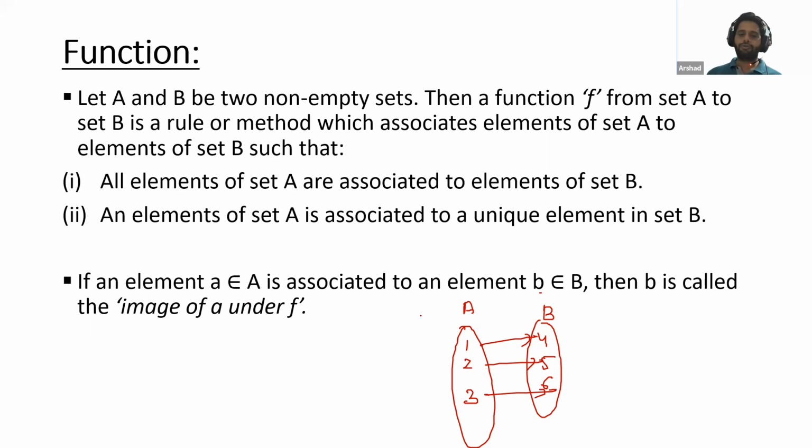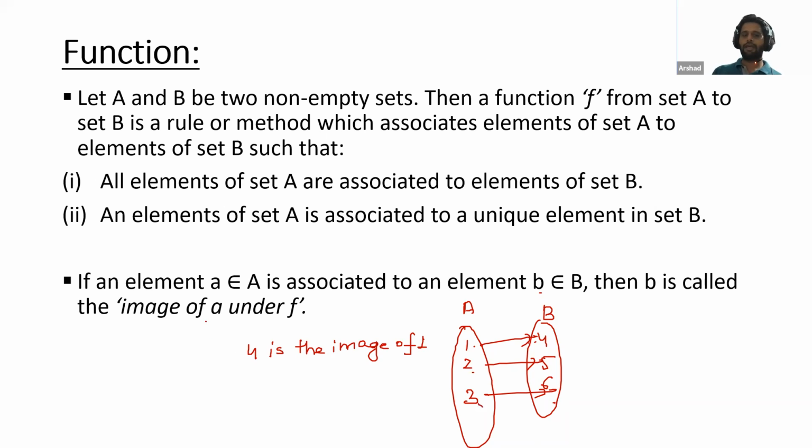Now a belongs to A, this number 1 is there in set A, this number 4 is there in set B. 1 is associated with 4, then this 4 is called the image of a. We will simply call 4 is the image of 1. Similarly, 5 is the image of 2. Similarly, 6 is the image of 3.